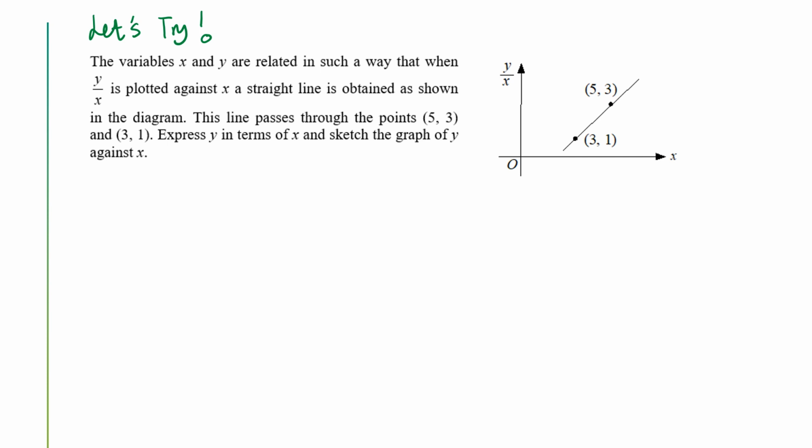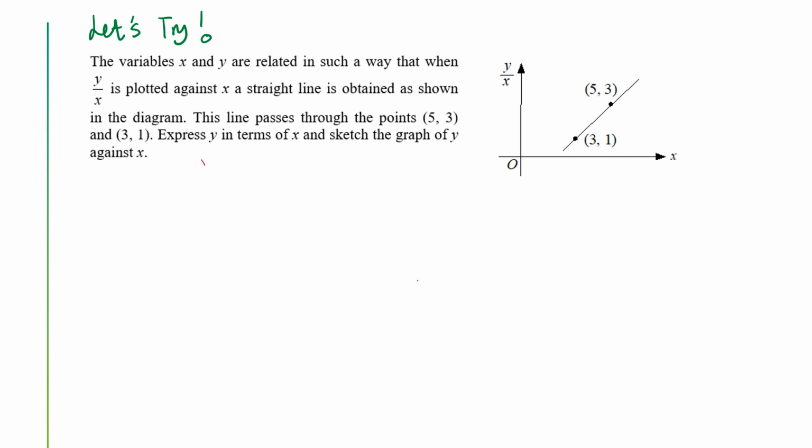We have to find the equation y equals in terms of x, and then using the function that we found, sketch the graph. Okay. So what is the basic concept that we've learned? The basic concept here is converting non-linear to linear. And then what is a linear form?